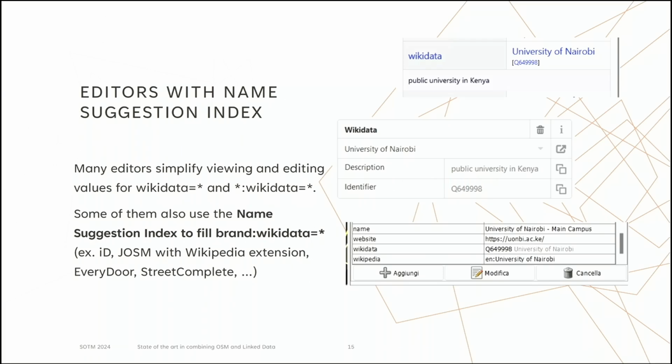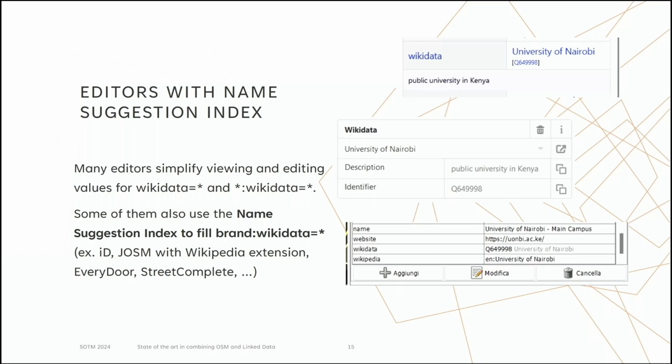Now, how do you edit? Well, of course, it's a tag. You can edit with whichever editor you want, but by now a lot of editors have added support for Wikidata. There is an error here, unfortunately.